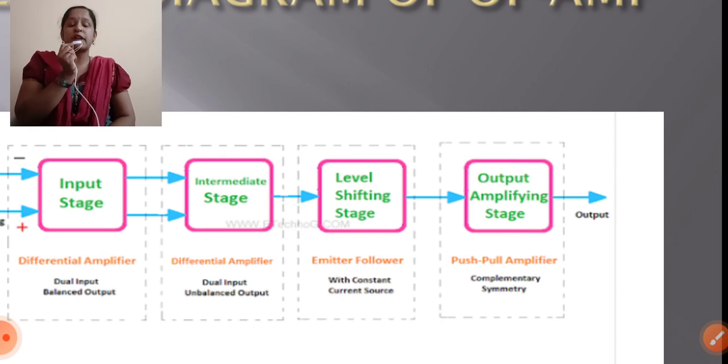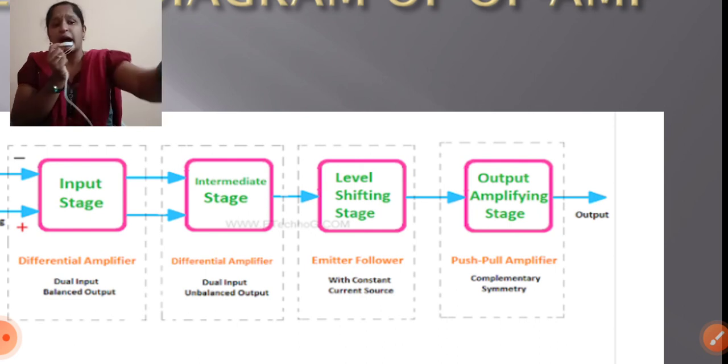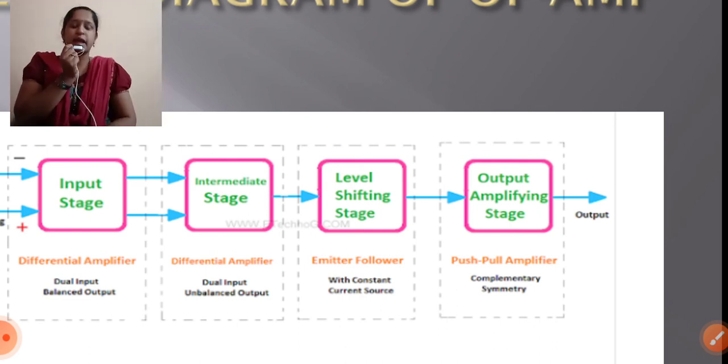If the voltage is increasing, the current will also increase. If only the current is increasing, the resistance will be decreasing with respect to the increasing voltage. The high voltage we can get in the output stage of the operational amplifier.